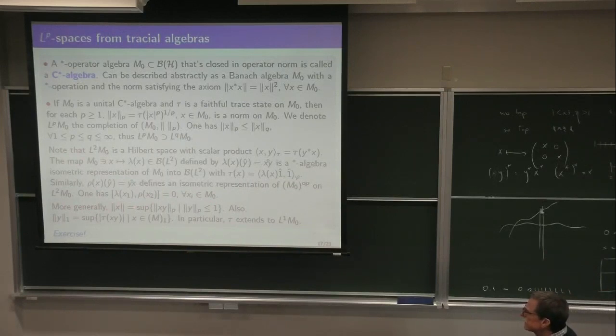More generally, I'm saying this because of this isometric property. I hope I'm right here. And so you have these properties, which, of course, are for p equals 2, where I am claiming that it's an isometric representation. Okay?